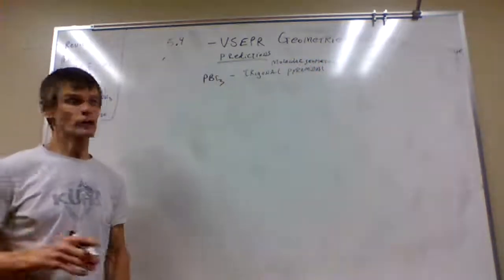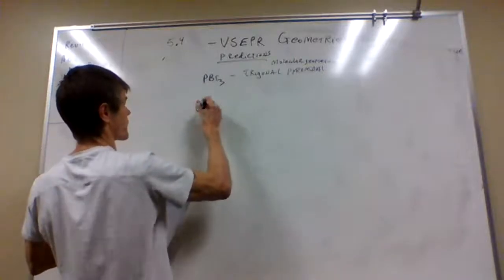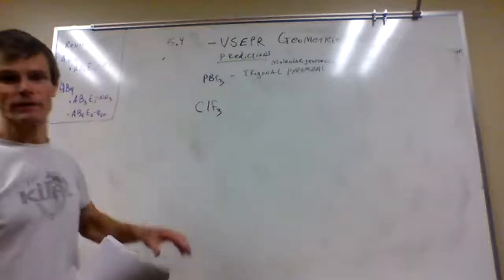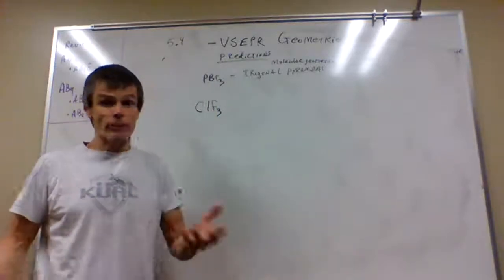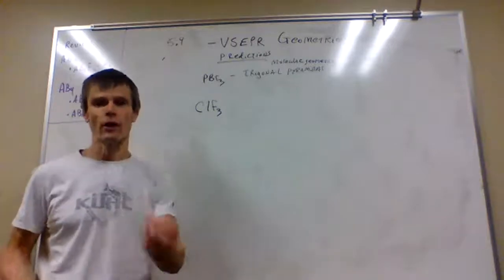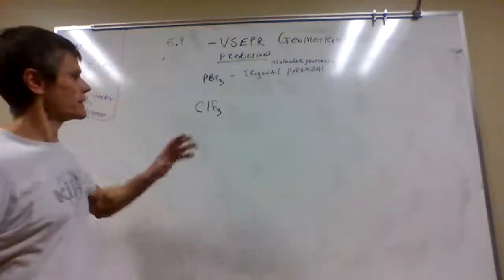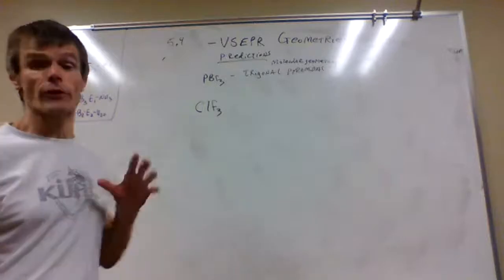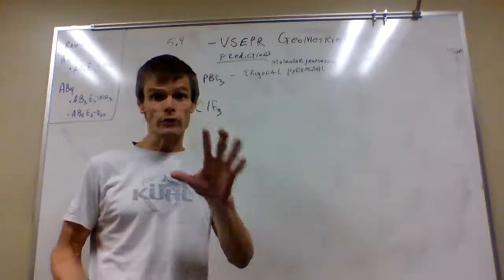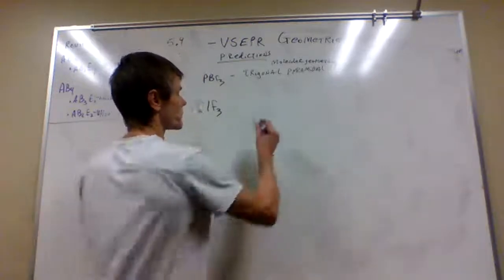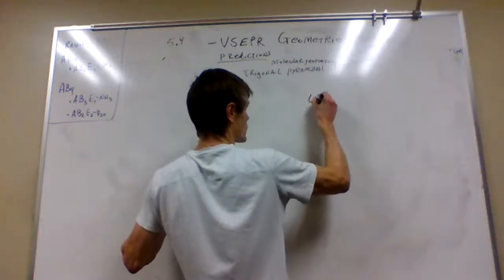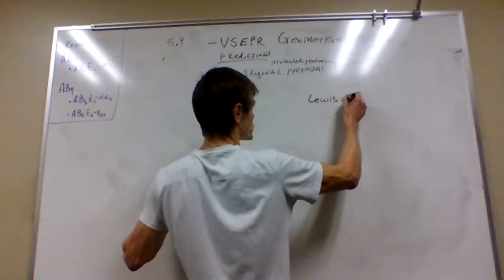Let's try chlorine trifluoride. Notice, very similar formula. So you might say, oh, it's probably going to have the same geometry. Can you make that assumption? You cannot. You cannot look at it and say they have the same formula, so they're probably going to have the same geometry. We need to write the Lewis structure as a first step. So let's write the Lewis structure.